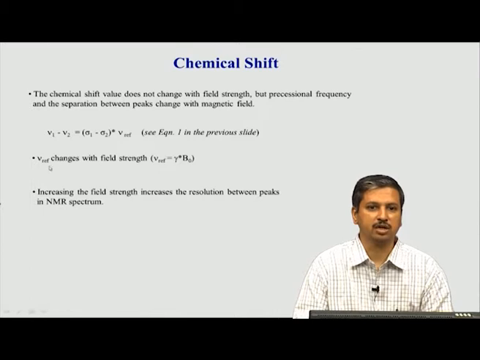The chemical shift value does not change with the field strength, but the precessional frequency difference between two peaks changes with magnetic field. The same thing is repeated here: the chemical shift value may not change in ppm, but when I multiply with the reference frequency of the spectrometer, that changes with frequency.